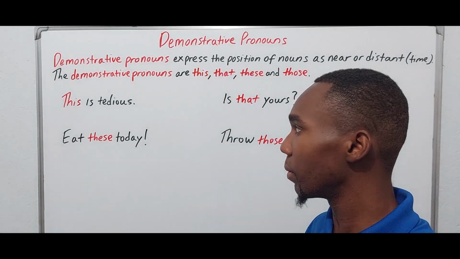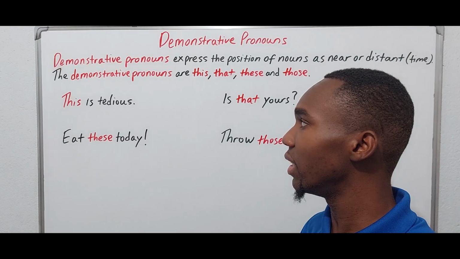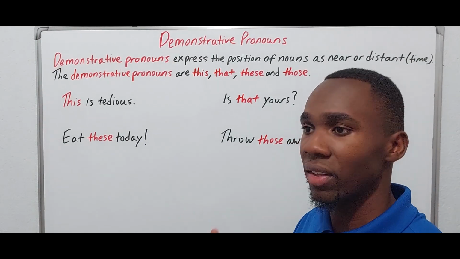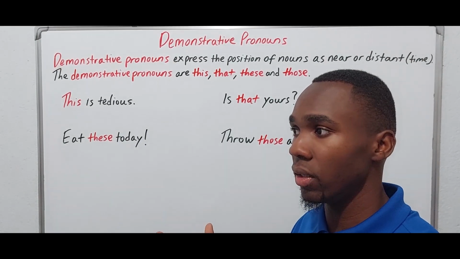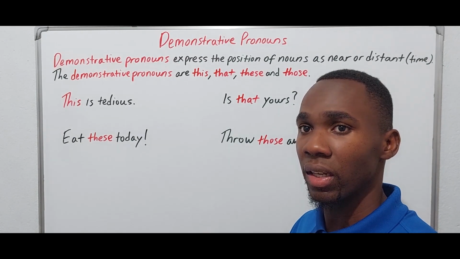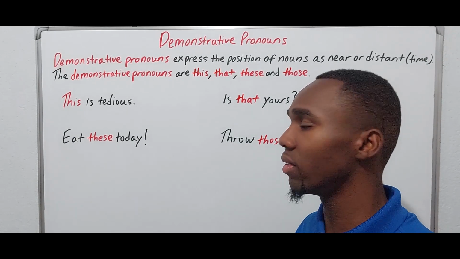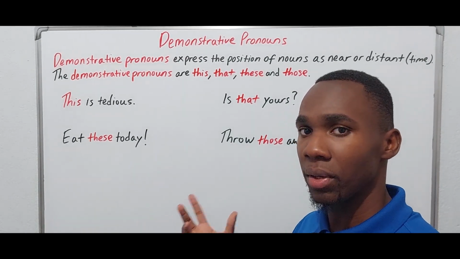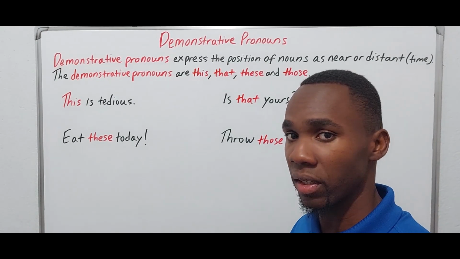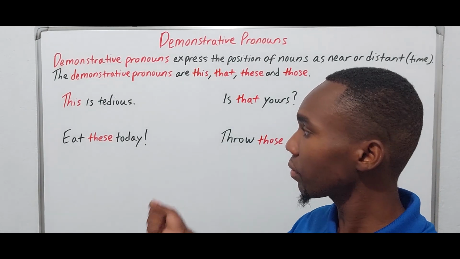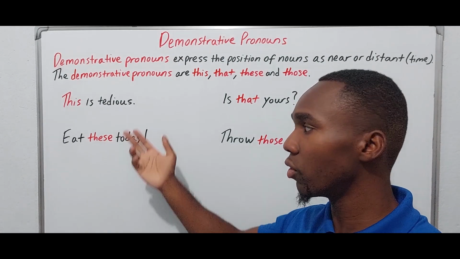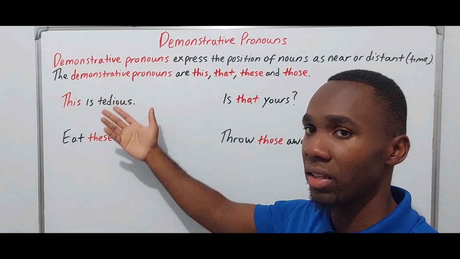So let's look at some examples. This is tedious. Okay, so whatever the item or thing that you're talking about, you're saying this is tedious. So that implies that it is close to the speaker, right? Eat these today, and of course these would just be the plural of this.